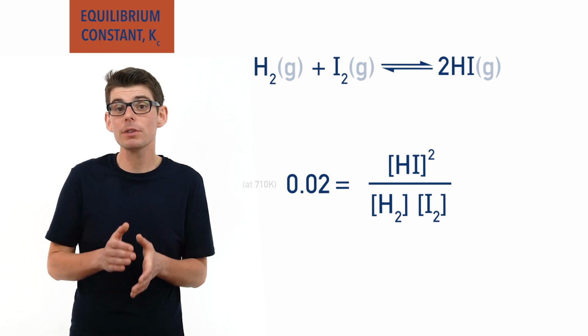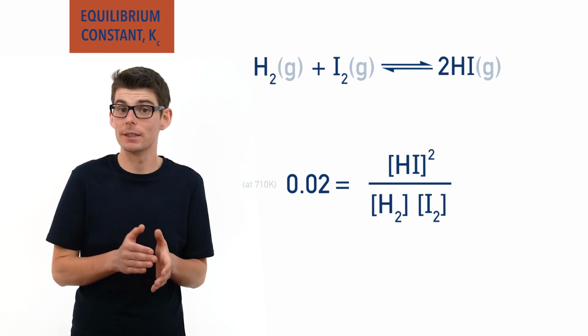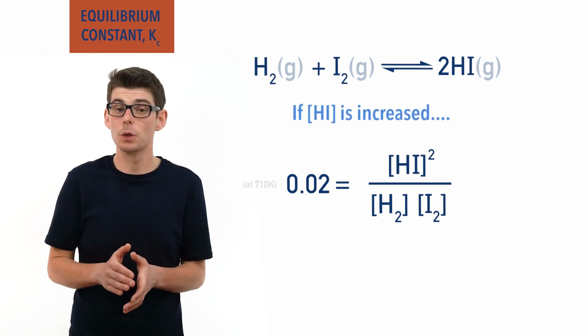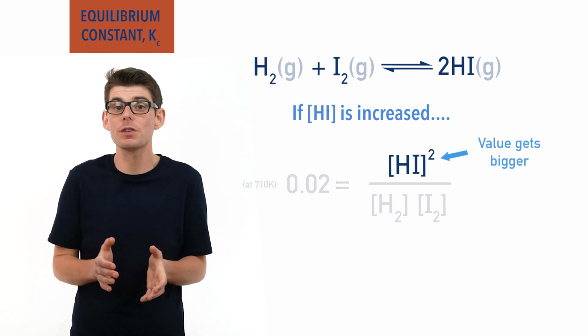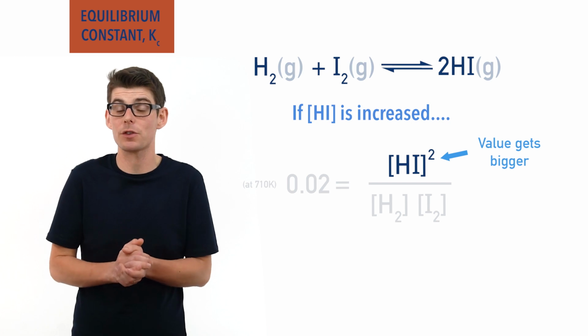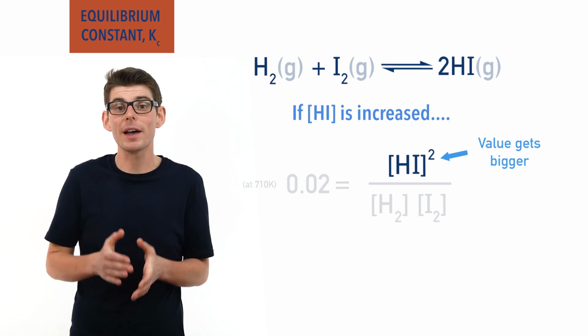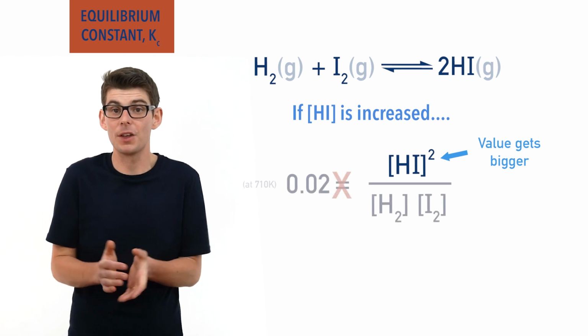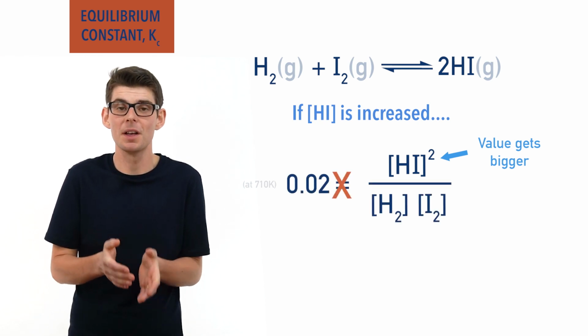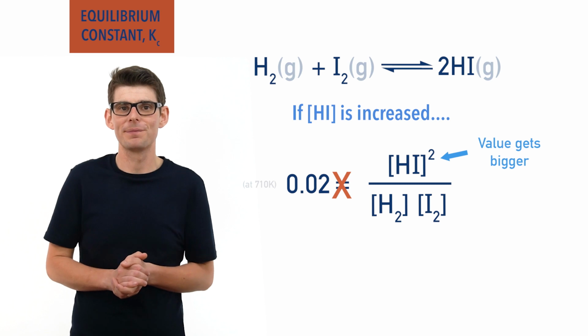If we were to increase the concentration of HI in the system, this would mean the value on the top of the fraction would get bigger. If the concentrations of everything on the bottom of the fraction stayed the same, the value obtained would no longer be 0.02, as you would now be dividing a large number by the same value as before.